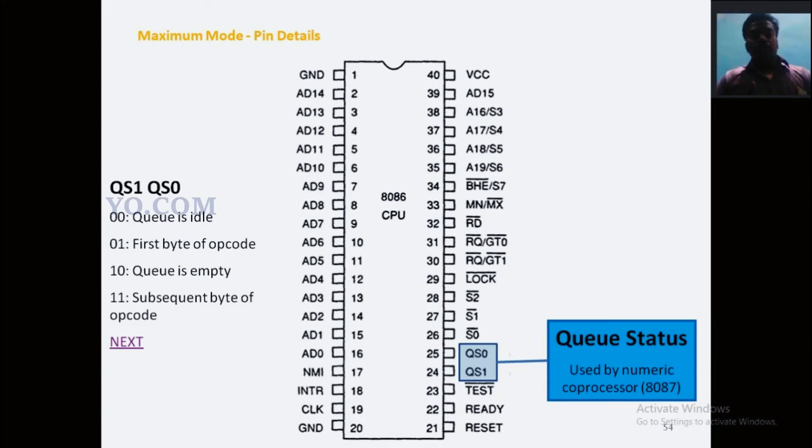We cannot increase the pins, so in order to reduce the size and the pin count, we use multipurpose pins, so that more signals can be used in this microprocessor.